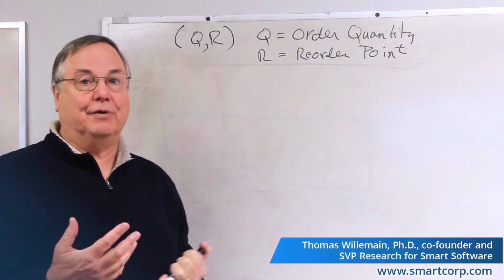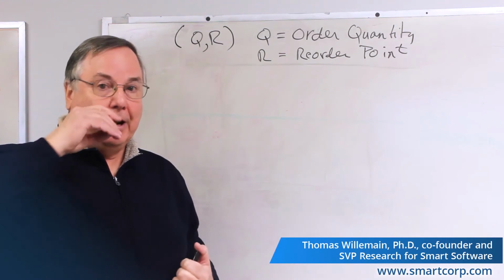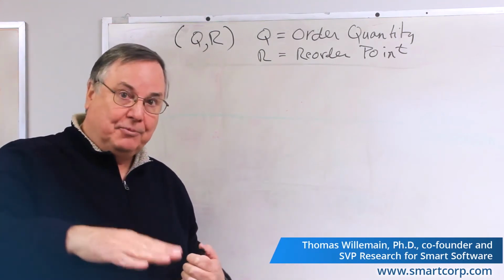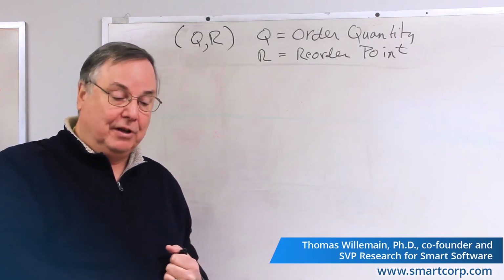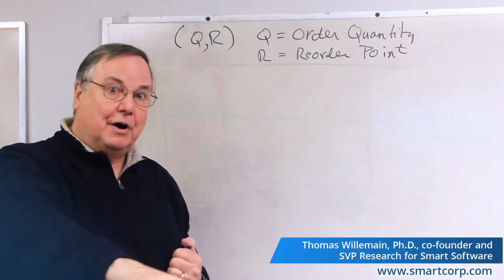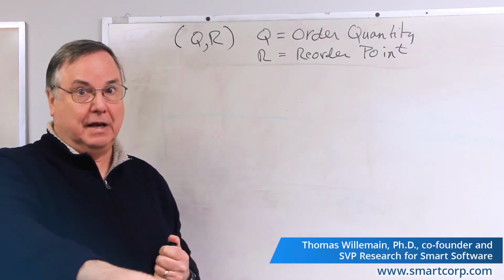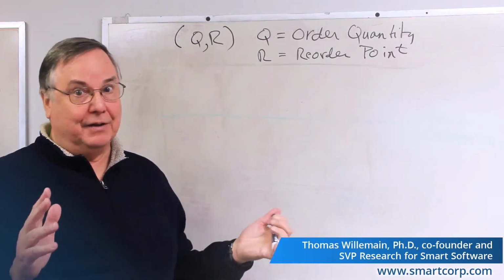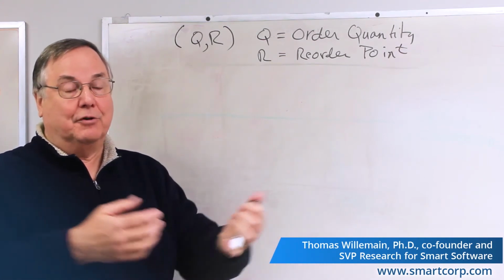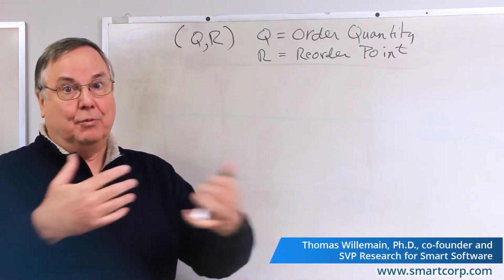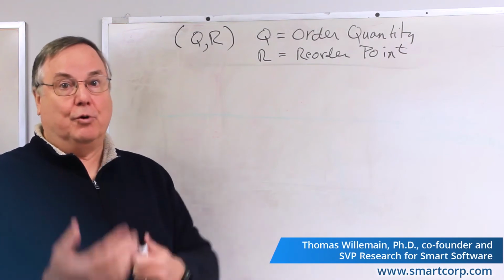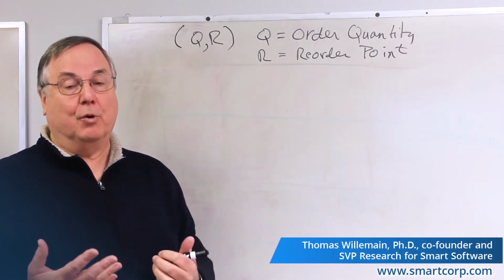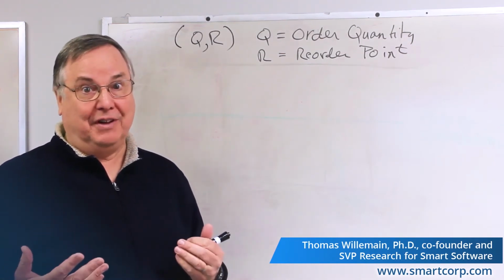The essential difference is you keep your eye on the inventory, and as it drops and drops and drops as demand comes in, it'll hit a red line called the reorder point. And at that point, whenever that is, could be 2 days from now, could be 30 days from now, whenever that happens, then you order more, and the amount you order more isn't random like it was last time.